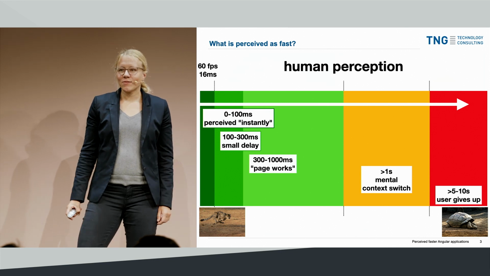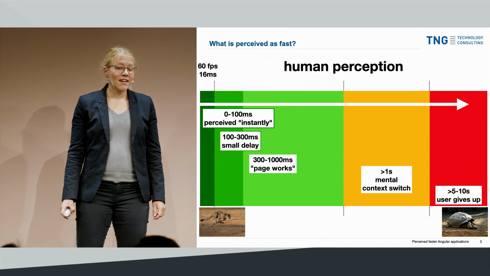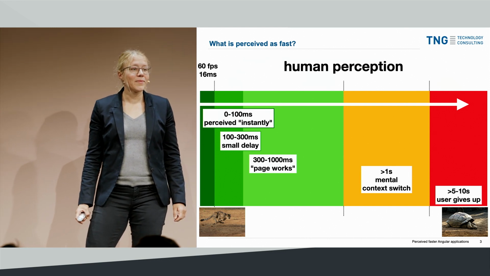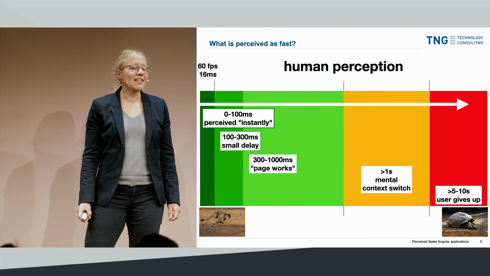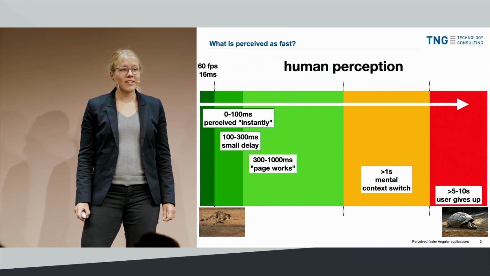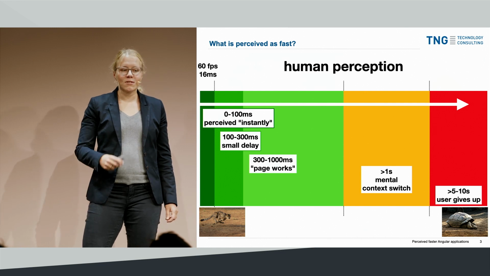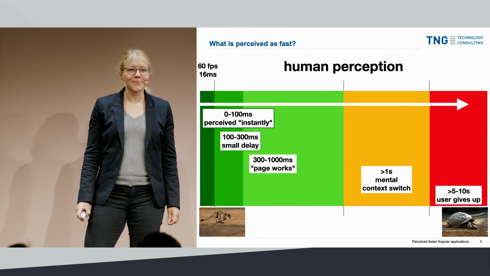But to understand what we need to achieve to make something appear fast, we might use this time frame as a help. Sometimes we talk about fluid animations, and usually we mean something running at 60 frames per second. This corresponds to a time span of 16 milliseconds.